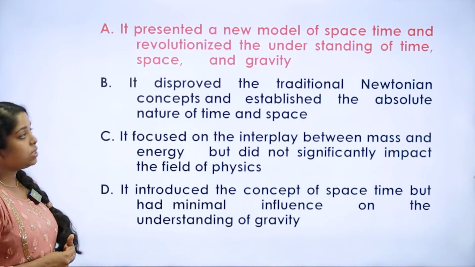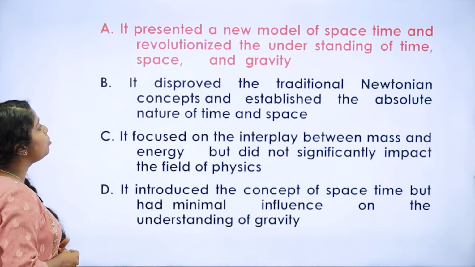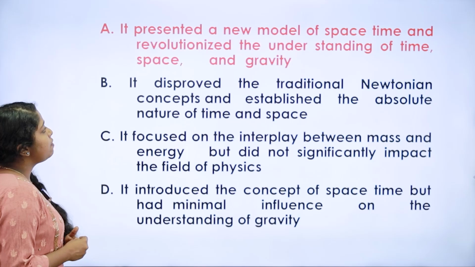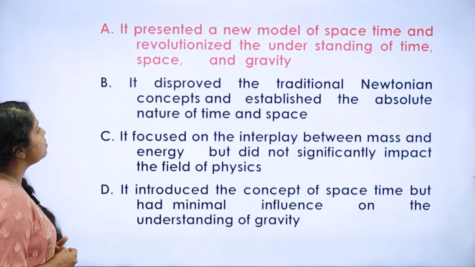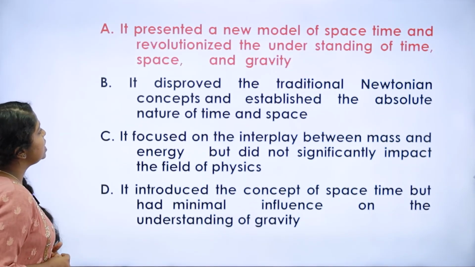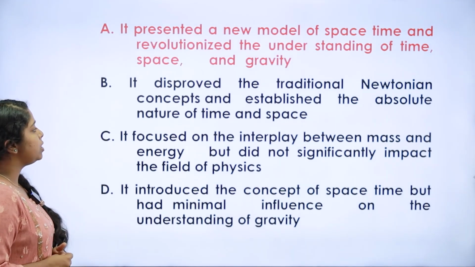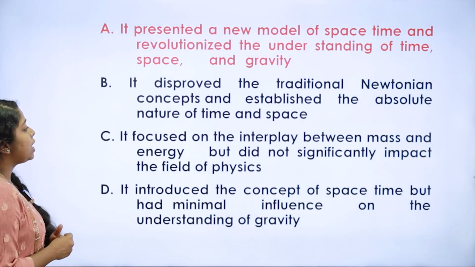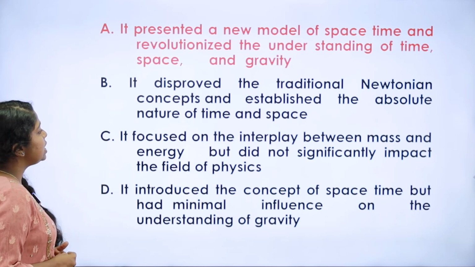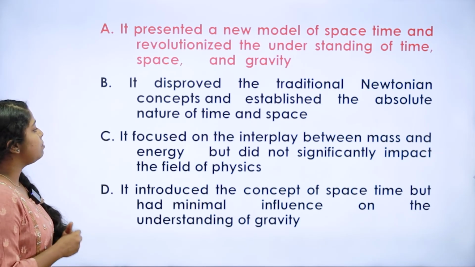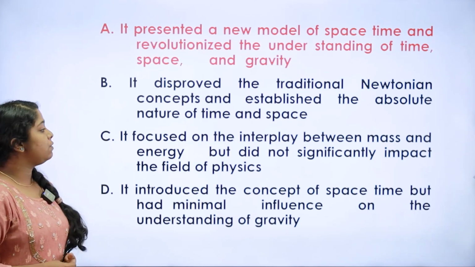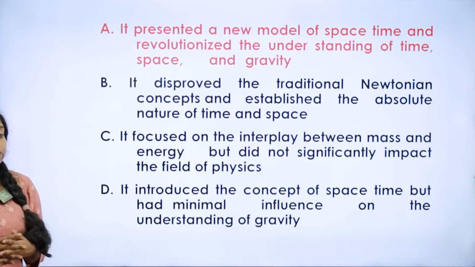Moving on to the options, the first one is it presented a new model of space-time and revolutionized the understanding of time, space and gravity. Option B is that it disproved the traditional Newtonian concepts and established the absolute nature of time and space. And option C is that it focused on the interplay between mass and energy but did not significantly impact the field of physics.